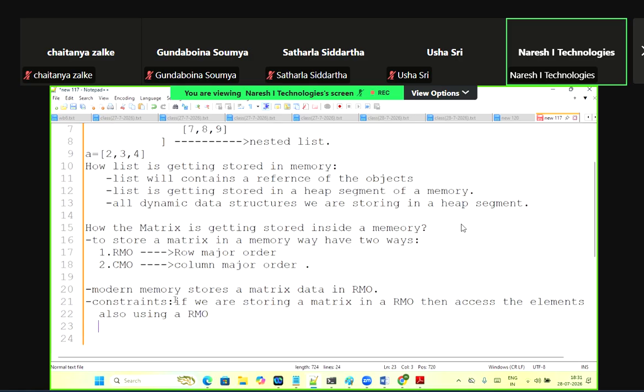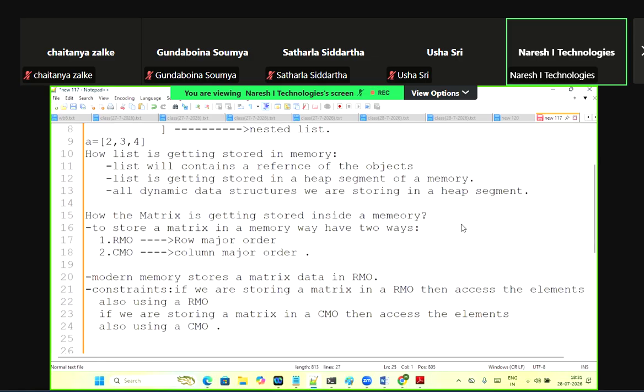Similarly for column major order. These are the constraints guys. If you are storing in CMO, column major order, then definitely you access in column major order, right? Because if you don't do this, it will be an inefficient way.